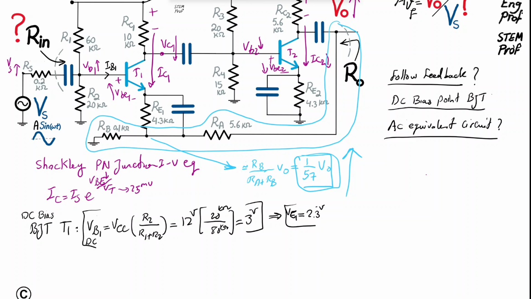That's the voltage of the emitter. DC wise, we have the series of RE1 and RB. The reason I can neglect the impact of RA is because RA, as you can see, is 5.6 kilo ohm in this circuit. And that is not all. From the perspective of looking at it this way, there is also an RC2 there.